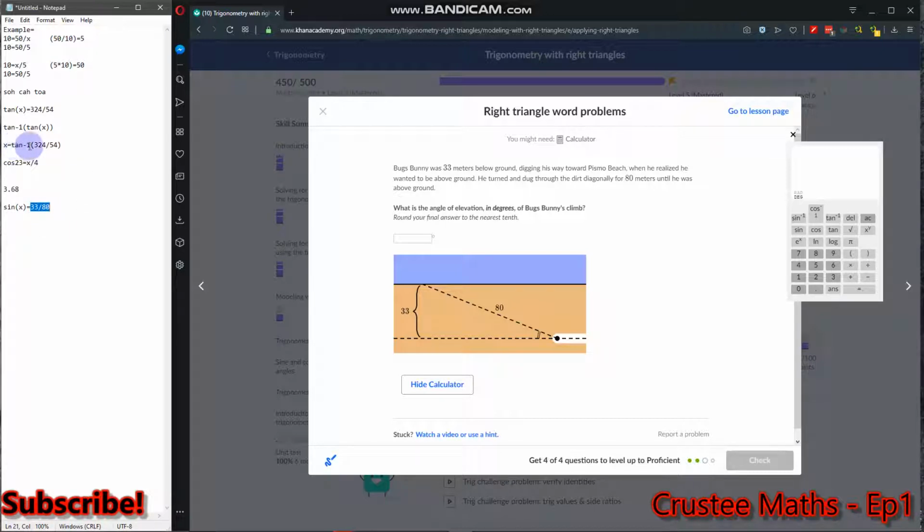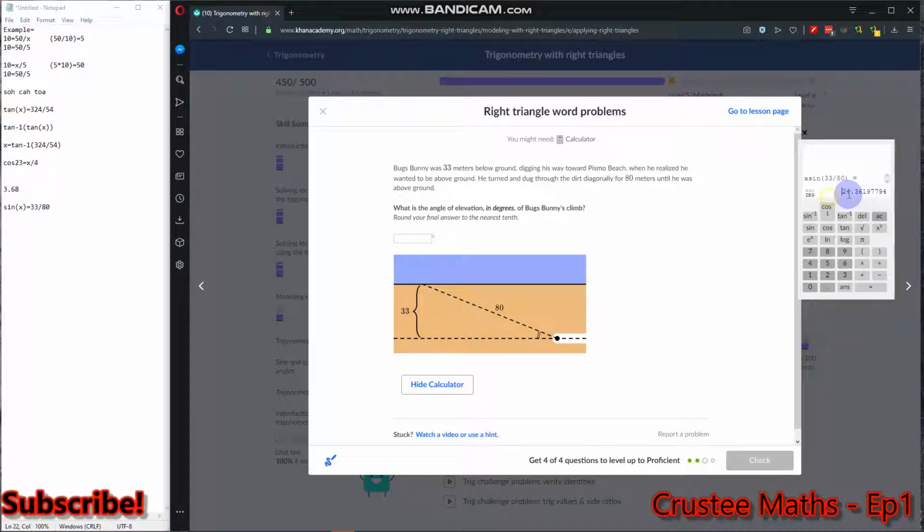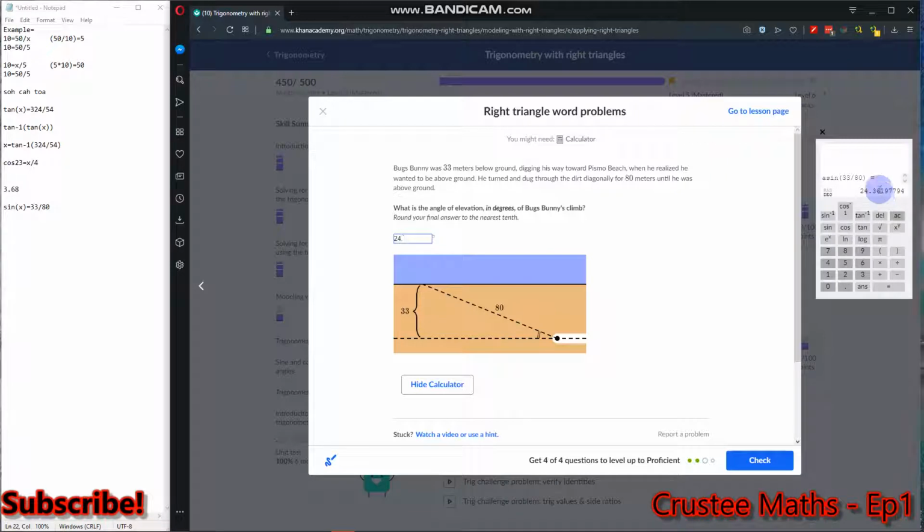We used the inverse tangent before, but now we're using the sine. So remember, don't mess up. Inverse sine of 33 divided by 80. There it is. 24.36, and so on. Now we want to do it to the nearest tenth. 24.36, and 6 is more than 5, so it's 24.4.